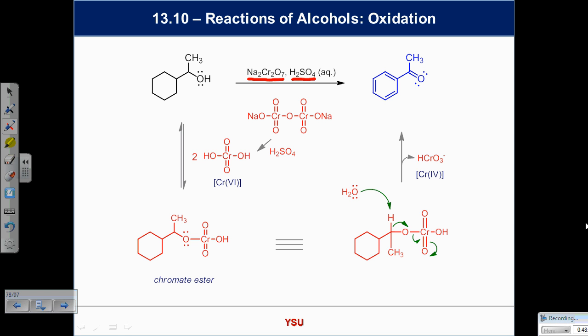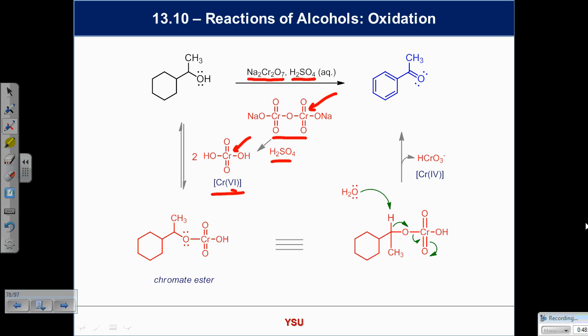And what I want to point out before I break here is the nature of the central chromiums. We'll say that sodium dichromate is drawn like so, like you would draw in freshman chem, and sulfuric acid simply protonates it. And you get this breaking down into two molecules of what we call chromic acid. And chromic acid has a +6 oxidation state for chromium, which is quite high, right?